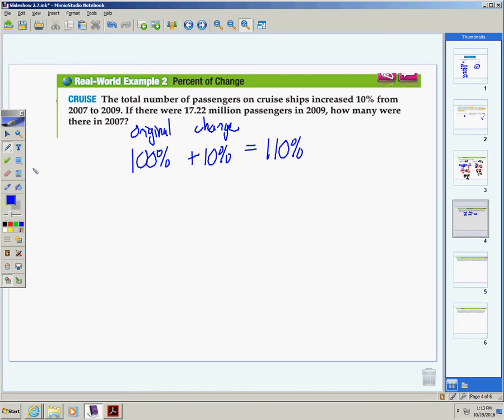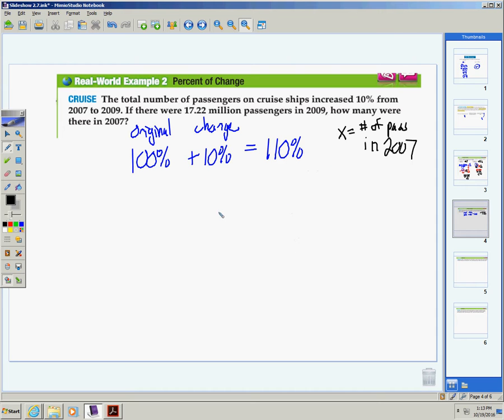So now all I need to do is think about, what is my original amount? I don't know, so I'm going to say X is the number of passengers in 2007. So now I know 110% of X is my new number, okay? And these are always going to be the same way.